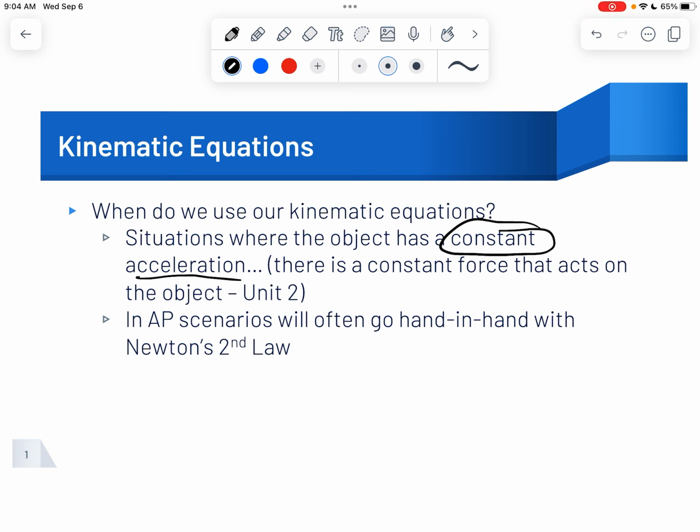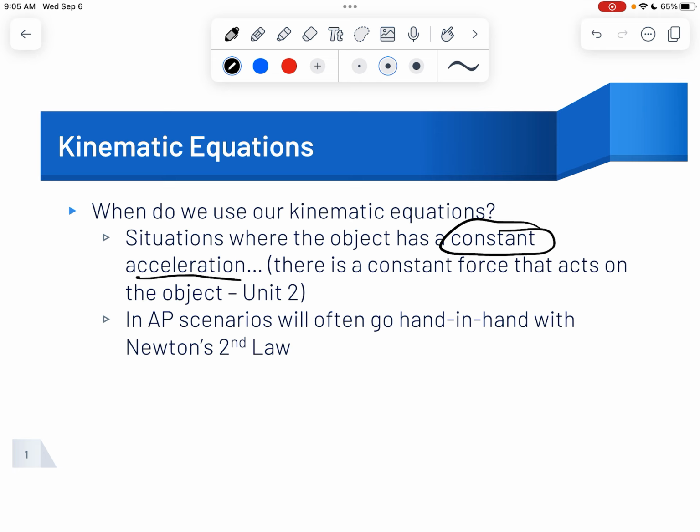And if we think ahead to our next unit of Newton's laws, that means we have a constant acceleration if there is a constant force that acts on our object. Oftentimes on the AP exam, these questions don't appear by themselves as a standalone problem.